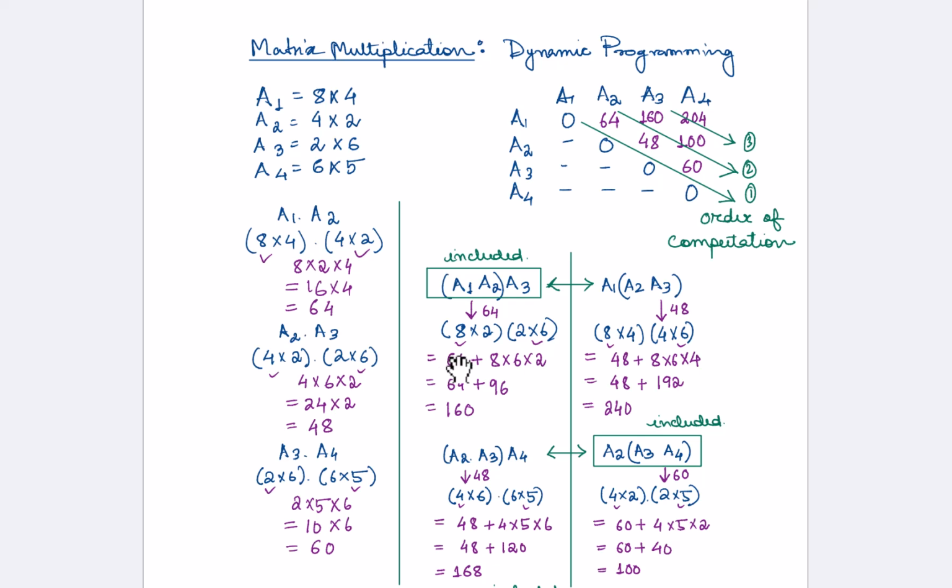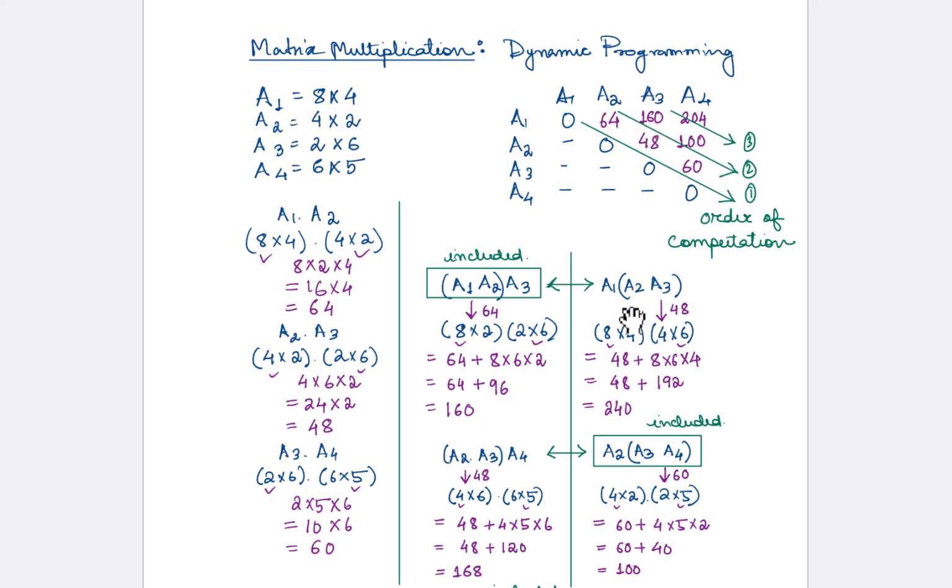This 64 comes from the initial multiplication where we multiplied A1 into A2. And to find out the next level of multiplication, we do this calculation, 8 into 6 into 2, which gives us 96. So 64 plus 96 gives 160 and this 160 is written here.